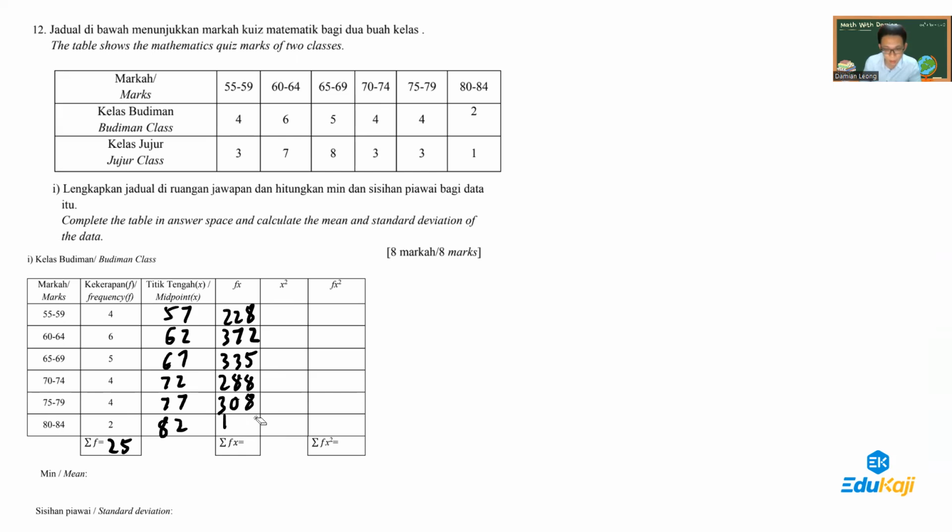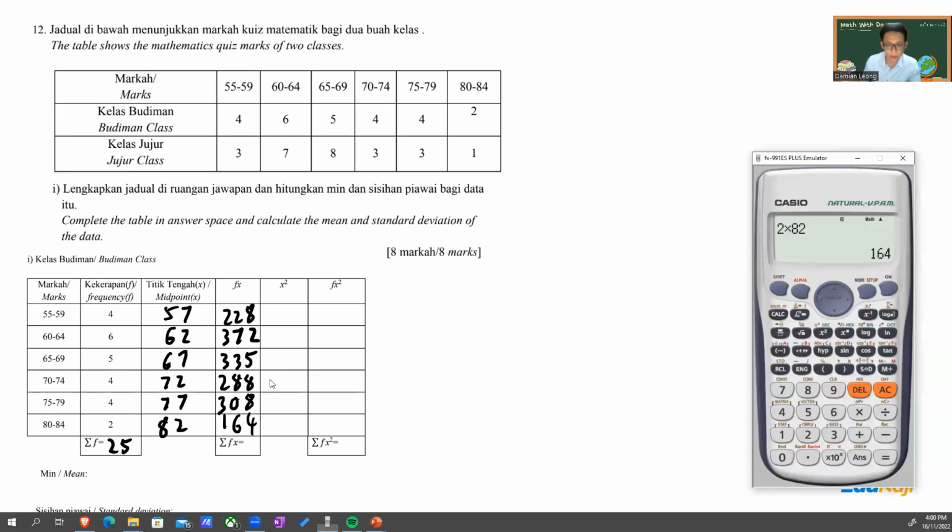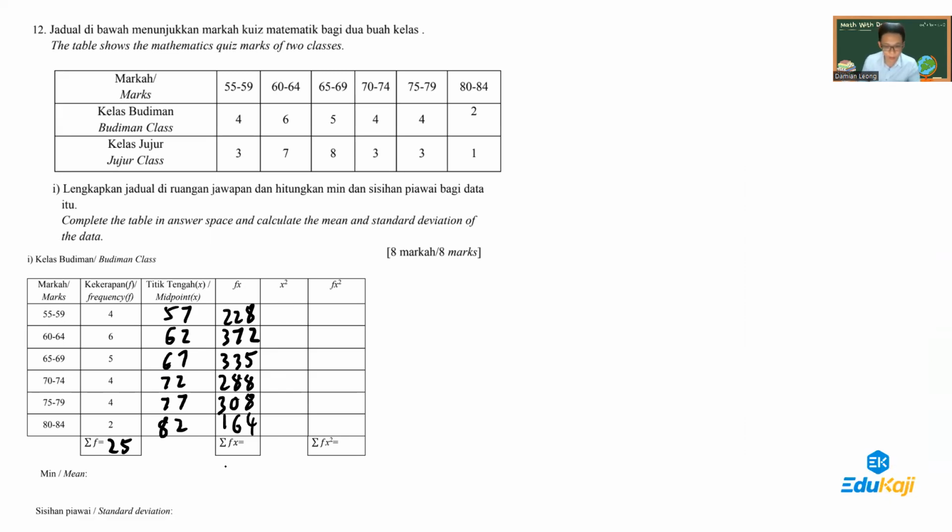Then sum of the fx, just add this all together. 228 plus 372 plus 335 plus 288 plus 308 plus 164, 1695. Then x squared.